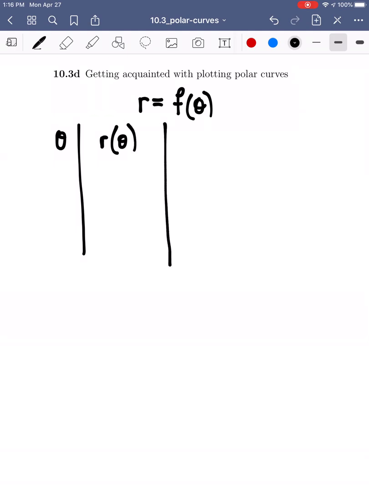And then we just notice, okay, at a particular angle theta, we have a particular distance from the origin that we're moving along. So we can make these tables in the same way we made tables for functions, y is a function of x, or for parametric curves, where x and y coordinates were both functions of parameters, such as t. Here we can do the same thing.